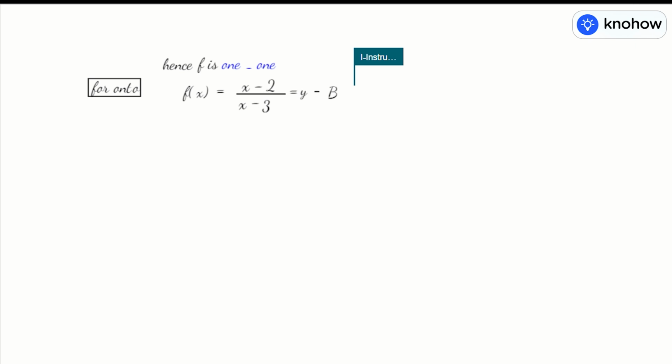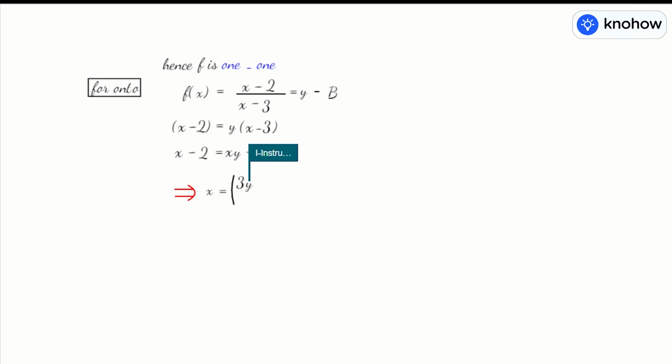Cross multiply, what do you get? x minus 2 equal to y times (x minus 3), or x minus 2 equal to xy minus 3y. And from here you further simplify, you get x is equal to (3y minus 2) over (y minus 1), which is very much a number in the domain of the given function.